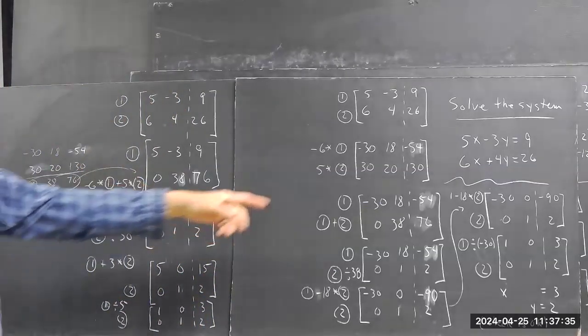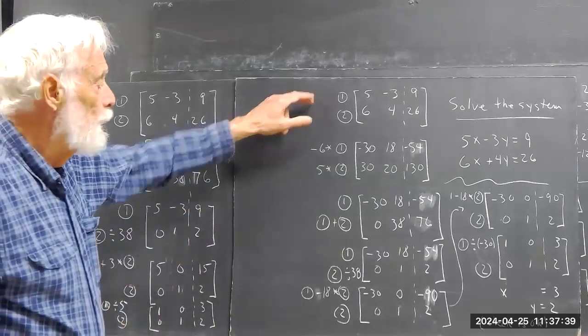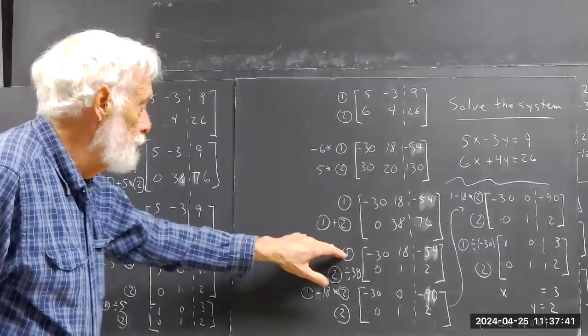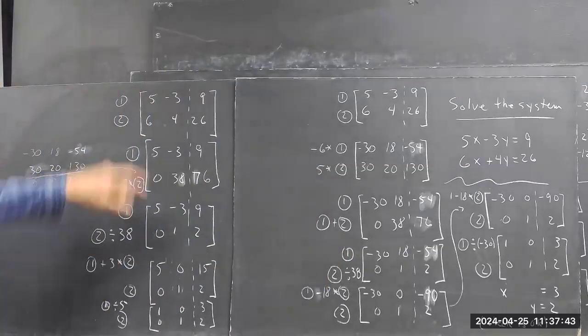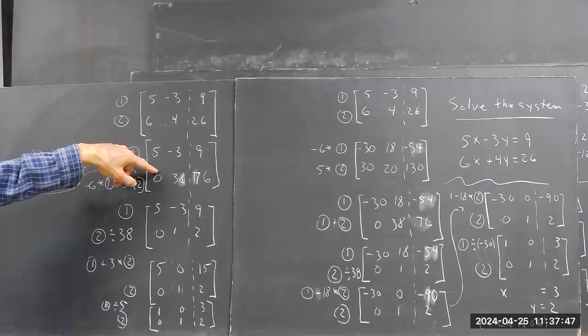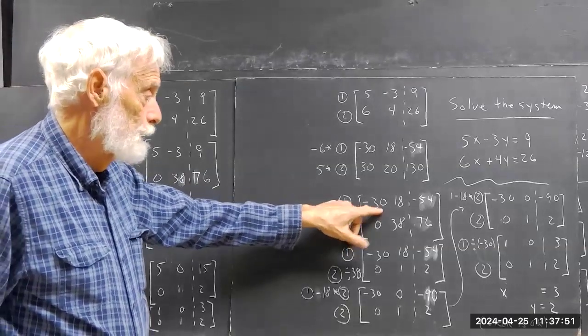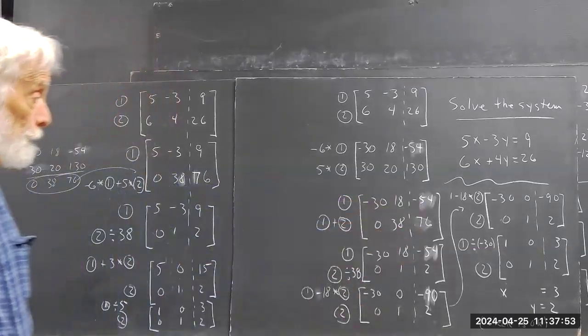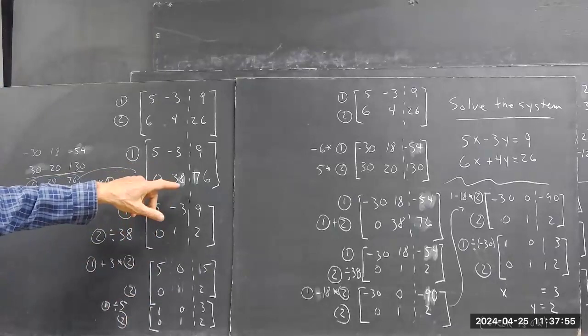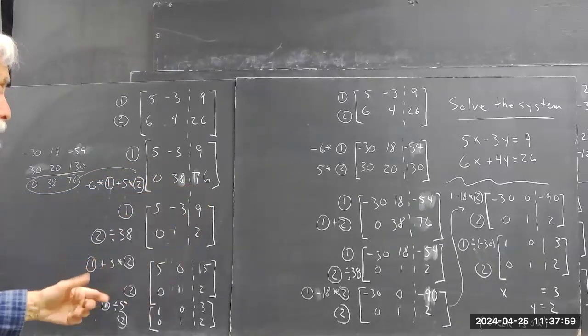Now, it's not much harder to deal with a -30 to 5, but the other thing is, it took us 2 steps to get from here to here. In one step, we get from here to here. And this is equally simple, even a little simpler because the numbers in the first row are smaller. But the key is we get the 0, 38, 76 row. That's how we start.